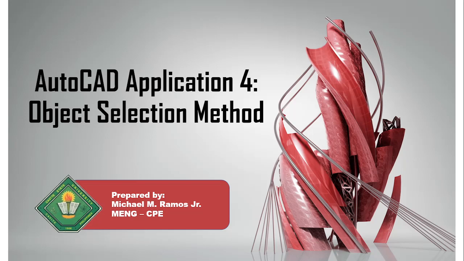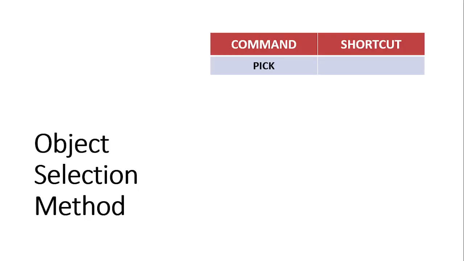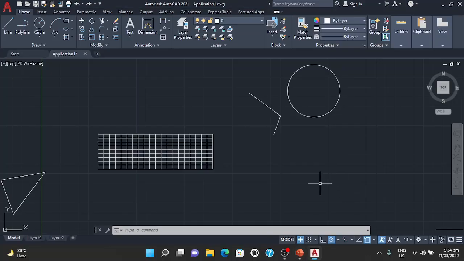So for this video, AutoCAD application number 4, we have here some methods, commands, and applications for object selection. Starting off with this first command, which is P. Previously, we had an activity on video number 3, where we applied some of the controls for zooming in and zooming out and the application of panning.